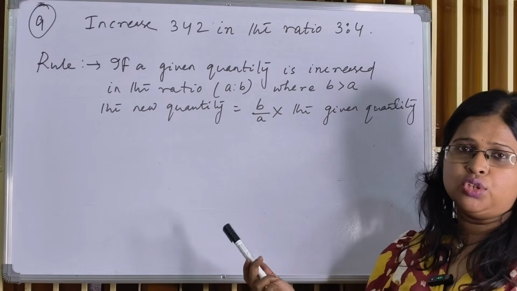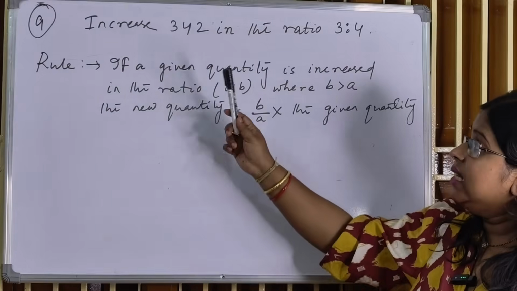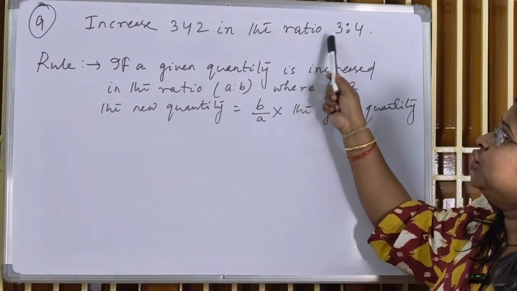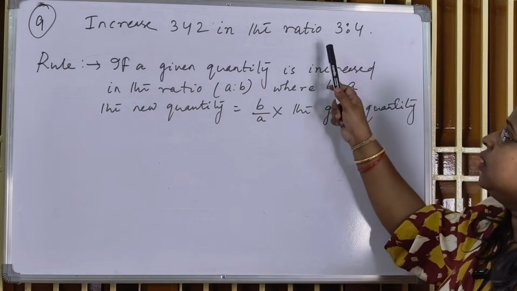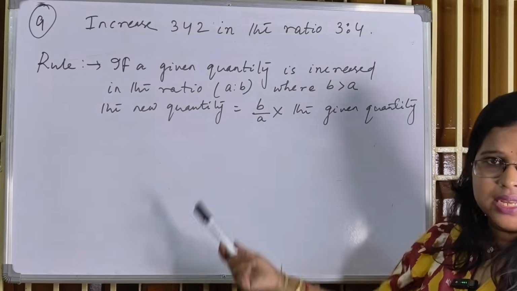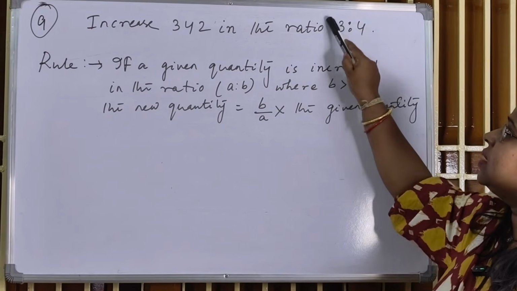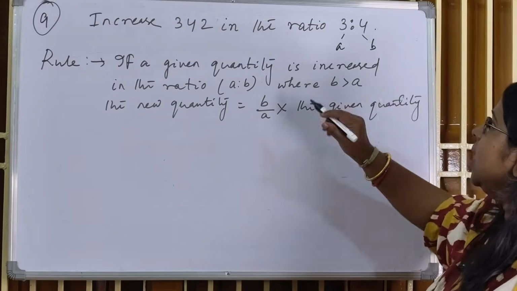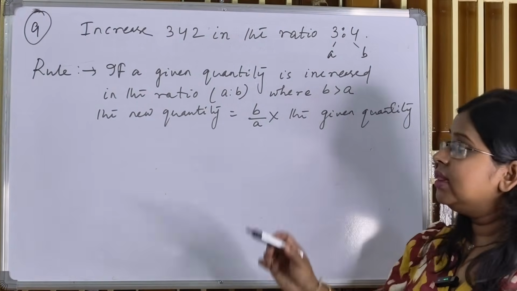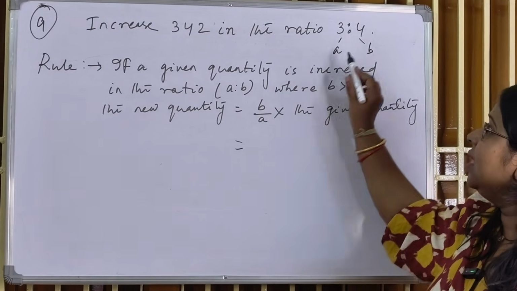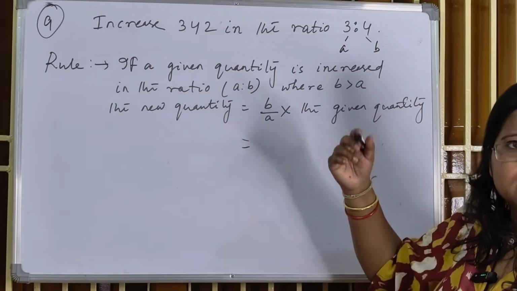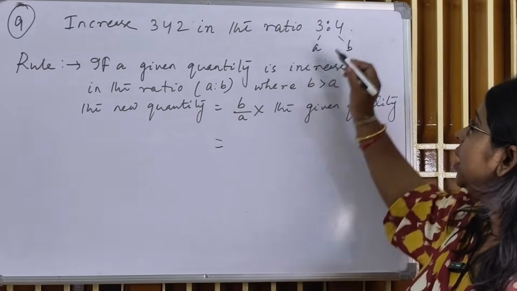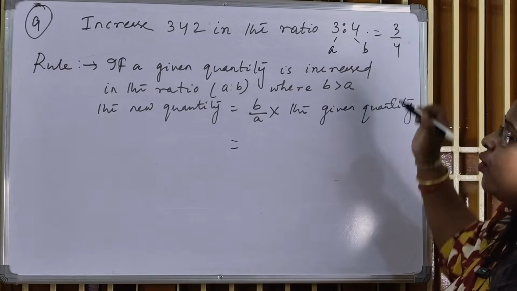This type of question you may also come across. Increase 342 in the ratio 3:4. Whenever the quantity is given to be increased, we have to look at this 3:4. This one is A and this one is B. If B is greater than A, then whenever we are calculating this 3/4 or 3:4, it will be reversed. 3:4 means 3/4, right?